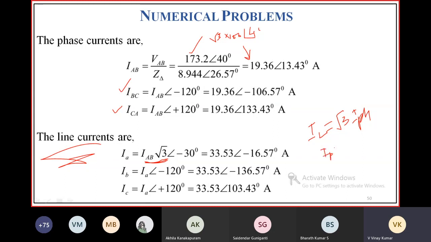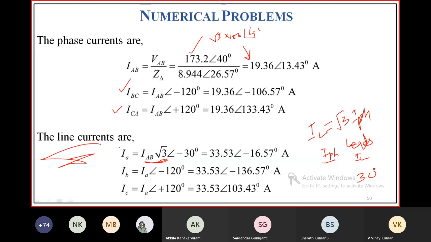Phase current leads line current by an angle of 30 degrees. Means if IL is I at an angle of 0 degrees, then I phase would be I at an angle of 30 degrees.